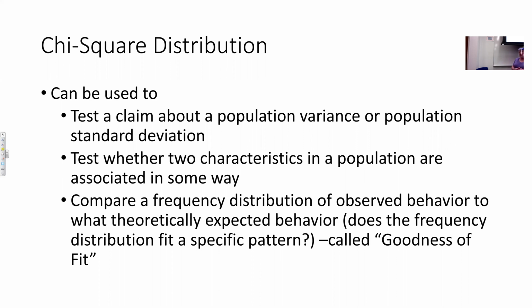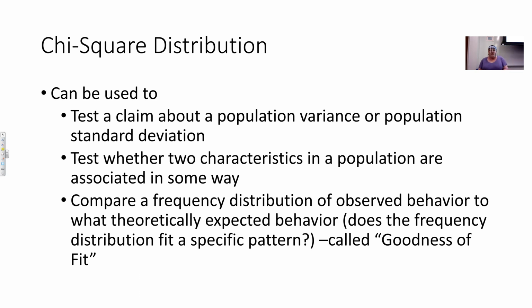Remember, I mentioned to you previously that when we conduct hypothesis testing, it's based on a population parameter, and that our primary focus would be the mean. But we could make a claim about the variance or the standard deviation for the population, and we would use the chi-square distribution.